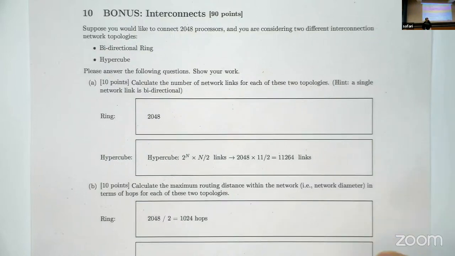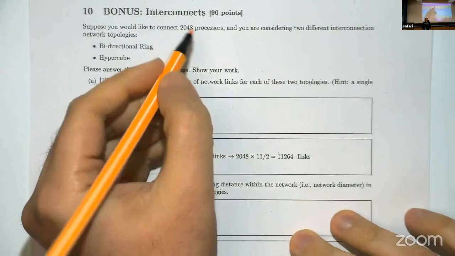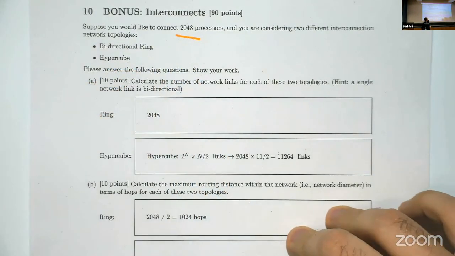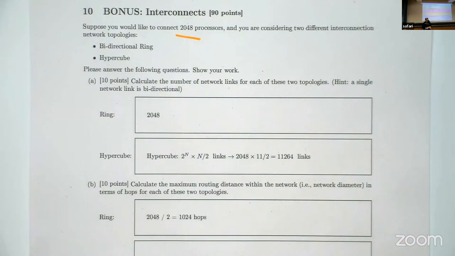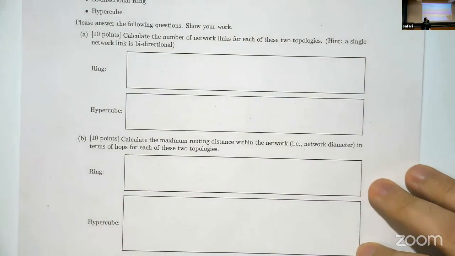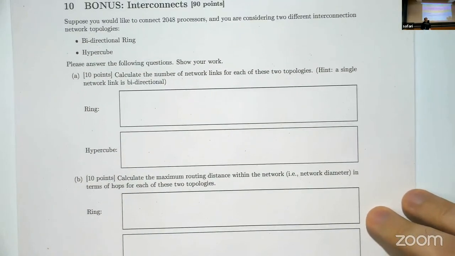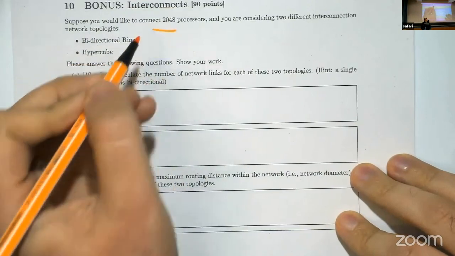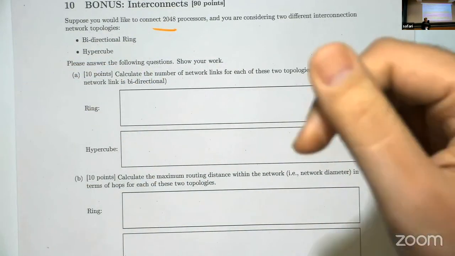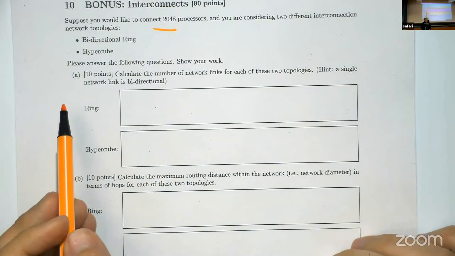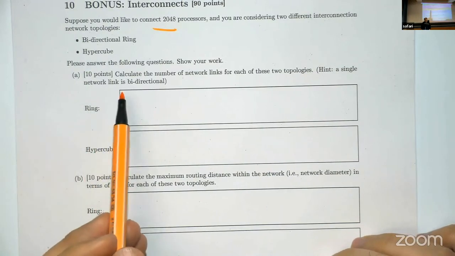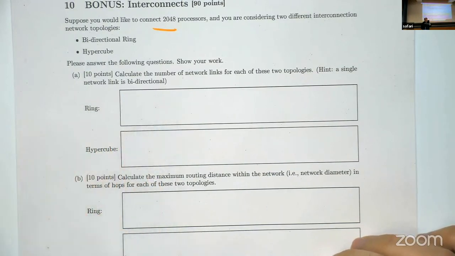And in our system, we have 2048 processors. So the first question is asking, calculate the number of network links for each of these 2 topologies.